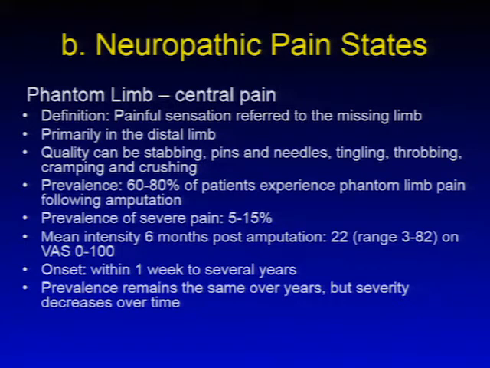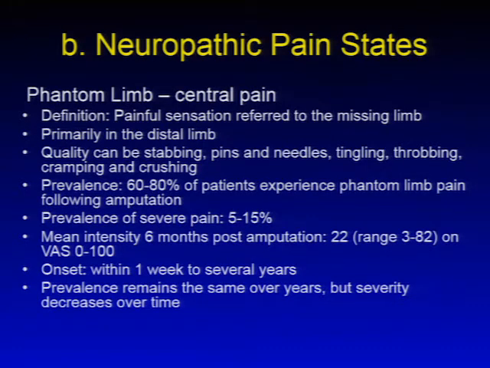Moving forward, phantom limb pain is a neuropathic pain state typically referred to as a central type pain, defined as a painful sensation referring to the missing limb. It is primarily in the distal limb. Phantom limb pain is of a stabbing, pins and needles, neuropathic, tingling, throbbing, cramping, and crushing quality.